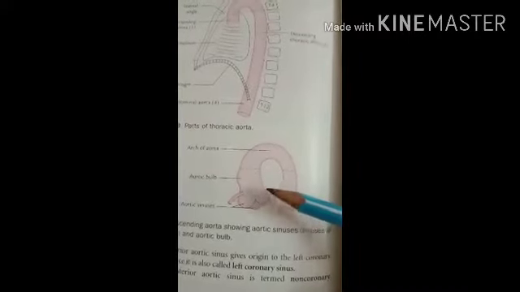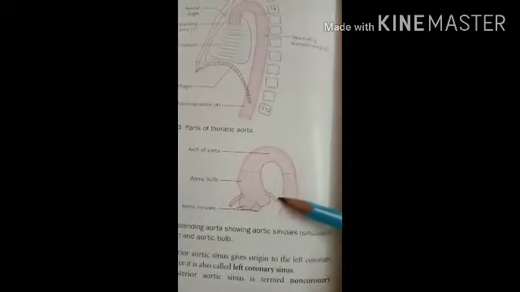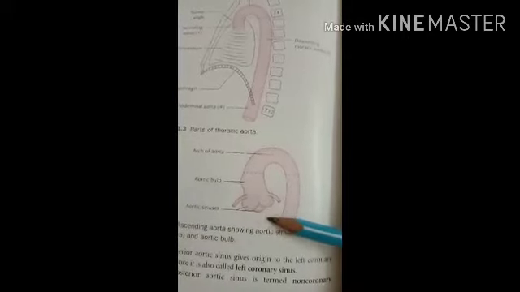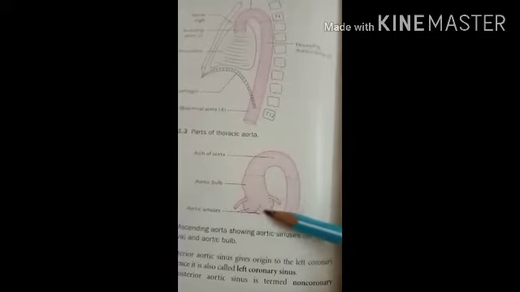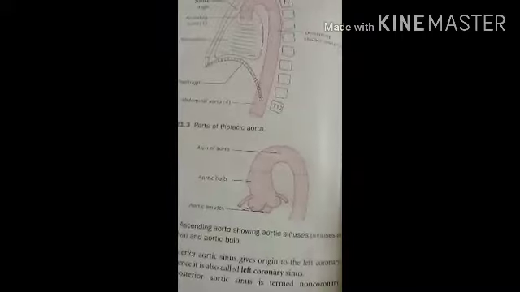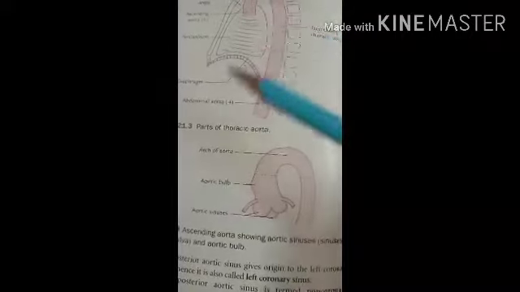The second branch of this ascending aorta is the left coronary artery. Here you can see, it arises from the left posterior aortic sinus. So these 2 arteries originate from the ascending aorta.